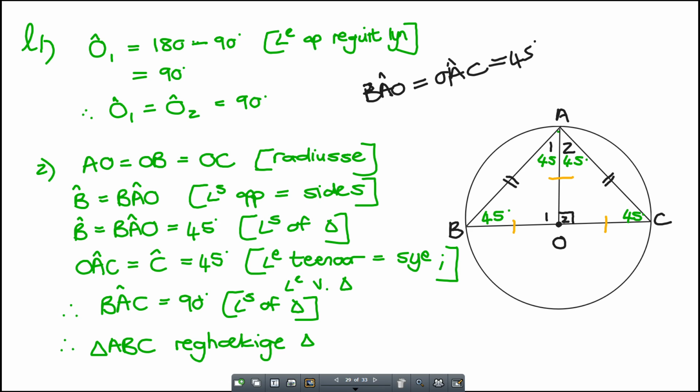Okay? And then your reason would be angles opposite equal sides, and then from congruency. And then you can skip to this last part. Because you actually already proved that those two are the same by congruency.